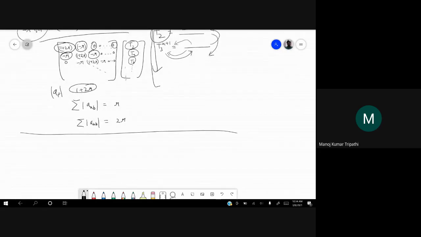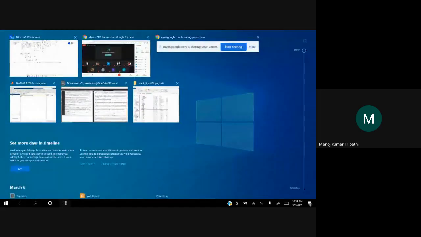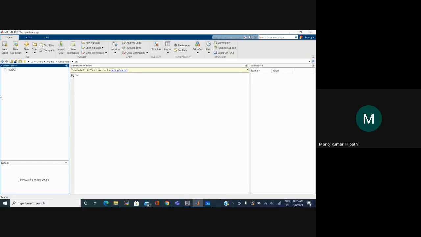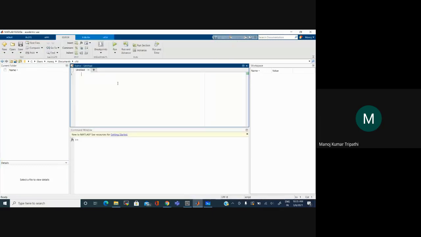So now we will do this in MATLAB. From here, I'll create a new script.